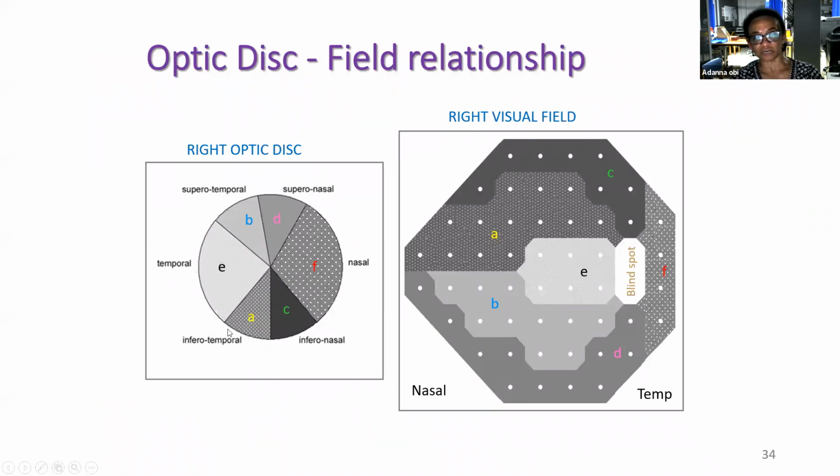That's your macular vulnerability zone. So this area here, A, is going to give you a superior arcuate. Inferior thinning here gives you a superior arcuate that extends all the way to the nasal step. The superior equivalent, your superior-temporal area, gives you an arcuate, but it doesn't go right up to the edge.